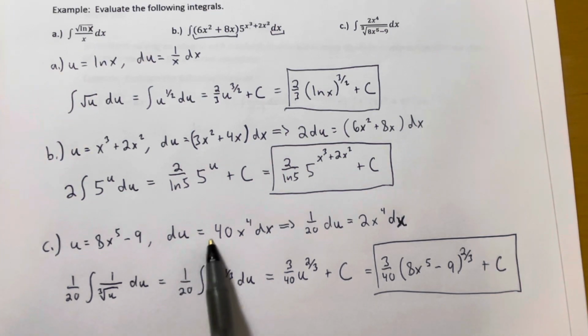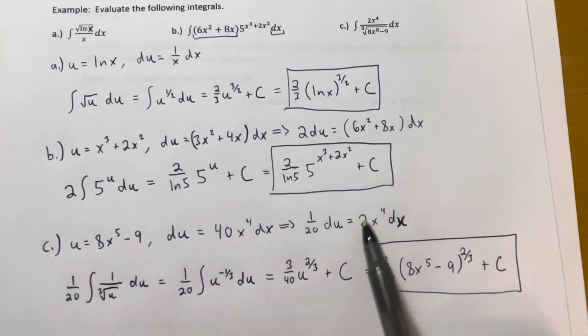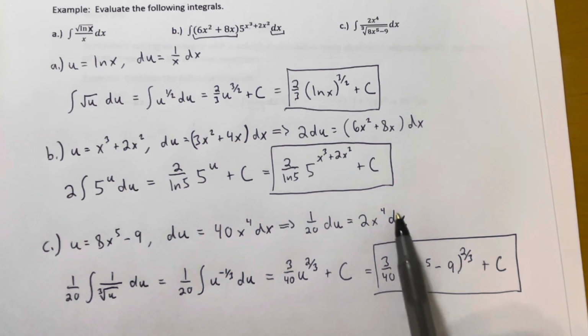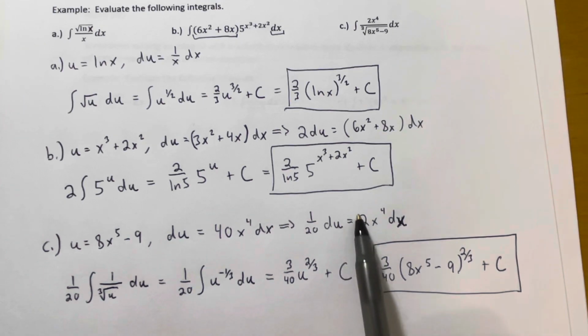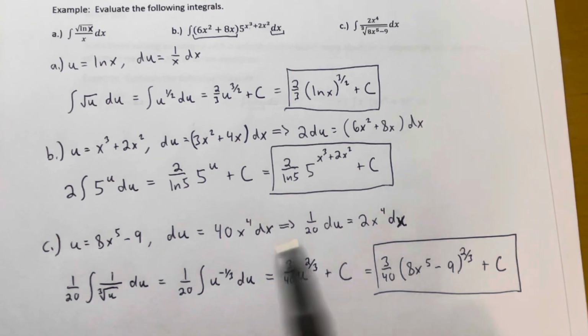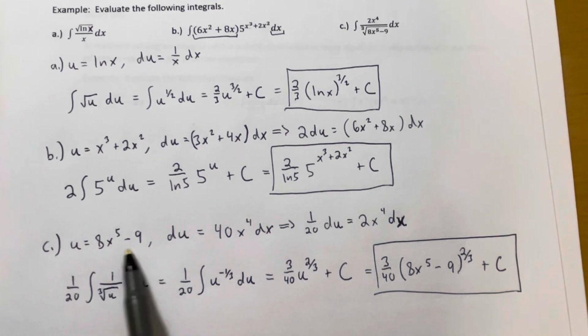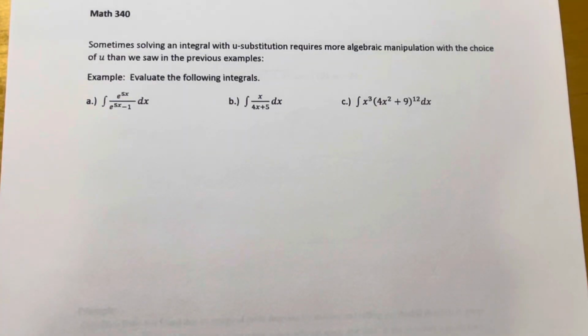You don't want du in this case to be 40x to the 4th. We wanted it to be 2x to the 4th dx. So we manipulated this equation a little bit so that we had it in the correct form. But sometimes you also have to manipulate this expression here. And so that's kind of what I'm referring to with this guy, okay?